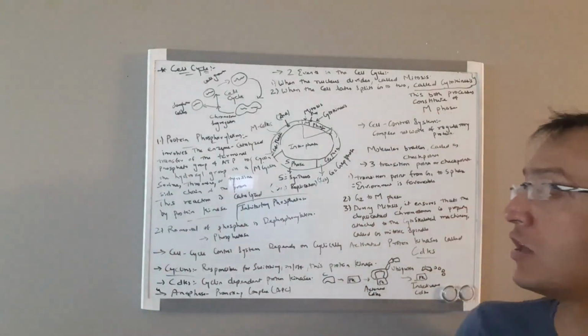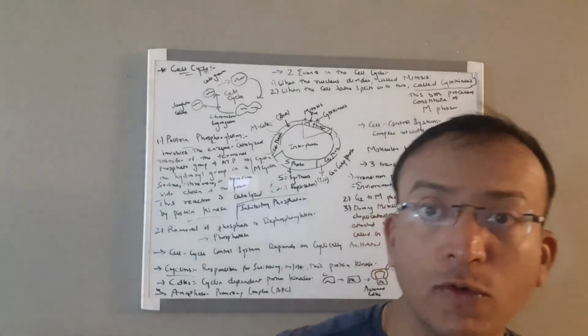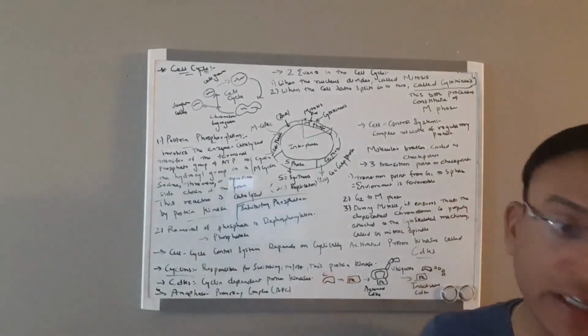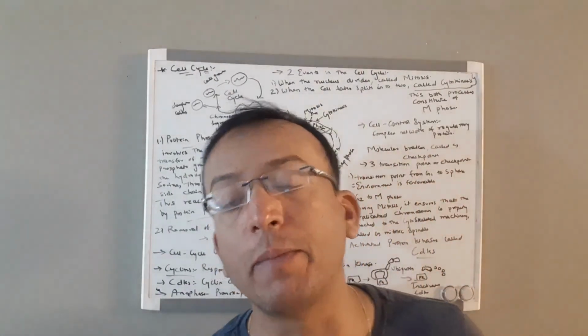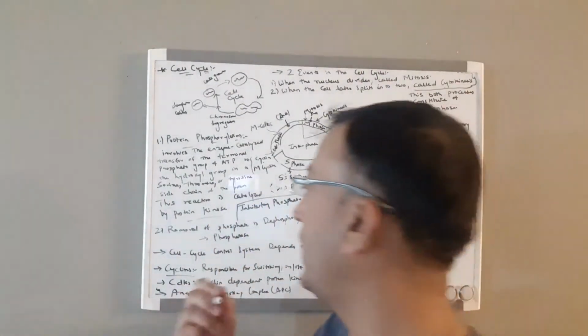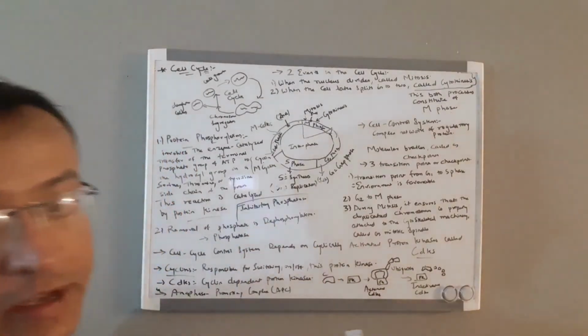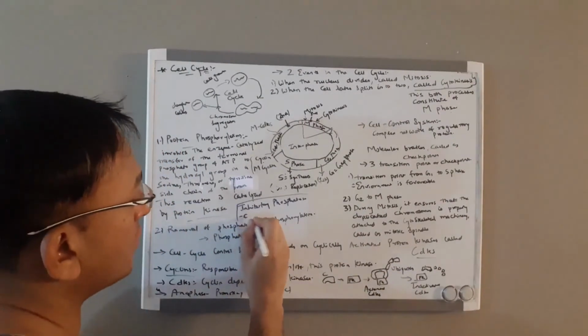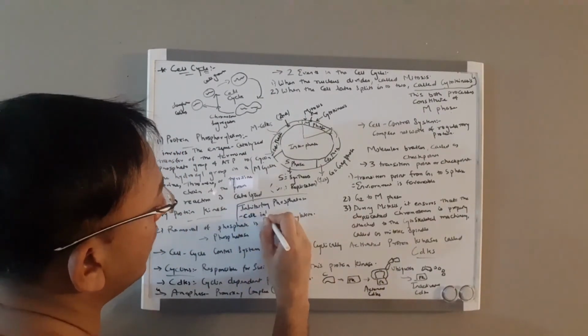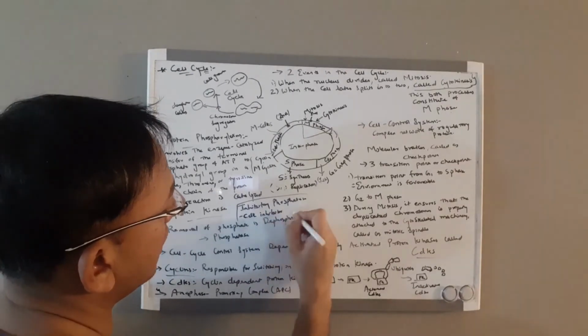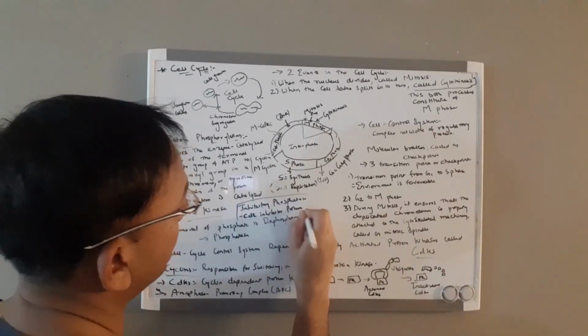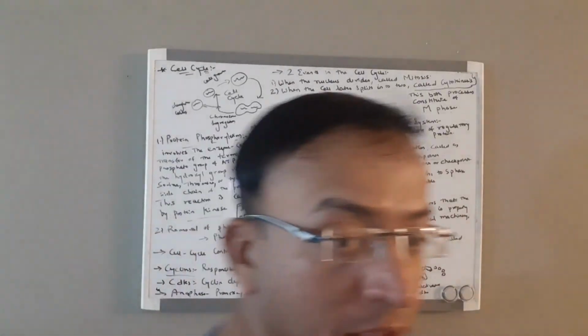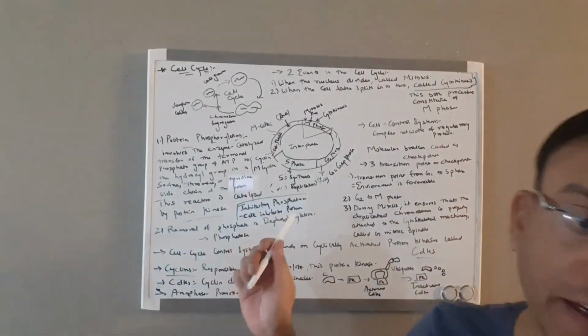In addition to phosphorylation and dephosphorylation, the activity of the CDKs can also be modulated by the binding of CDK inhibitor proteins, right? So the activity can be blocked by CDK inhibitor protein.